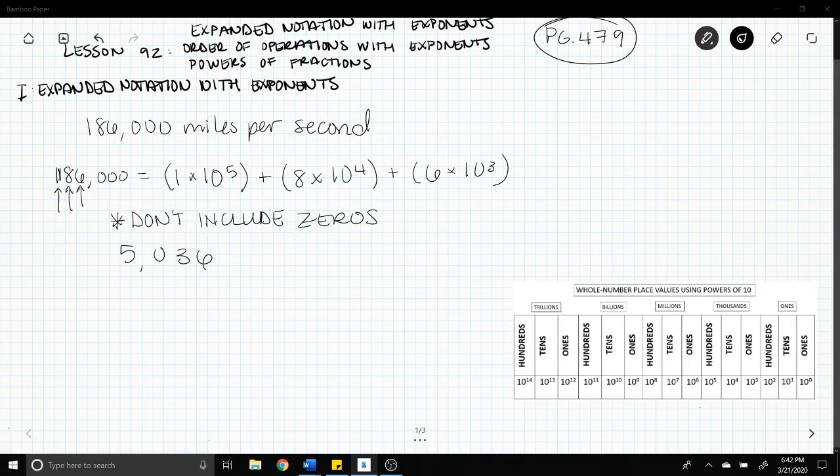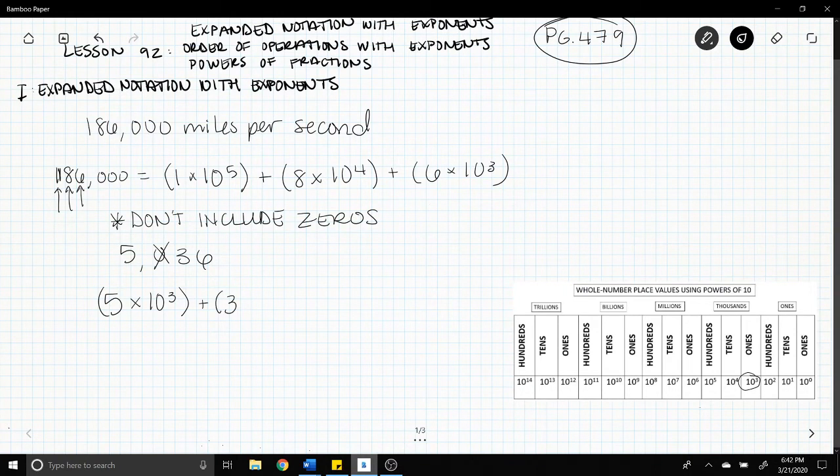In this case, it's a 5. What place value is the 5 in? It's in the thousands place. So look at your thousands. How do we write that in terms of a power of 10? It's 10 cubed. Plus, we don't have to write our zeros, so I'm going to skip that.